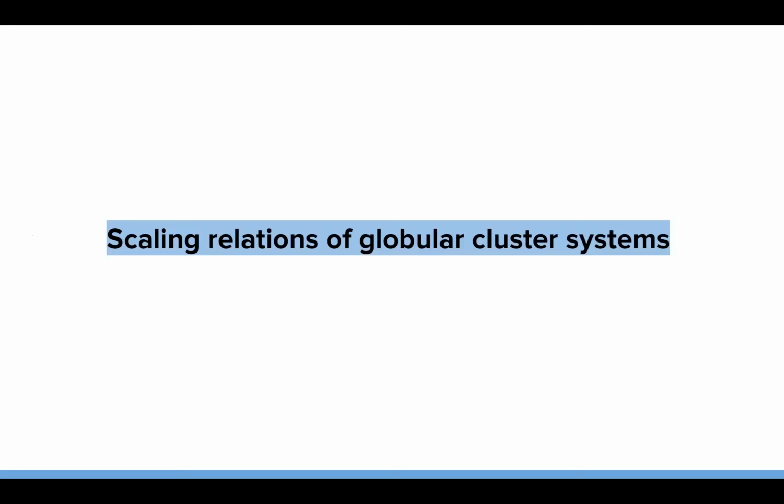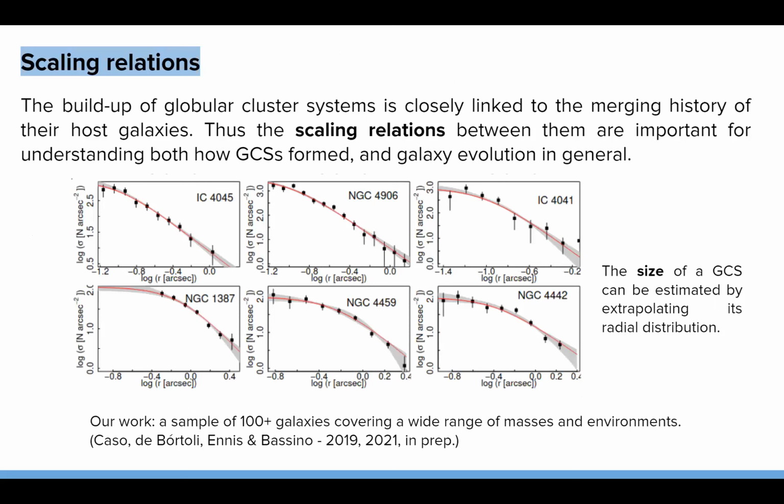Okay, so globular cluster systems, part 2. We also looked at, rather than individual galaxies, the globular cluster systems of larger samples of galaxies and tried to look at how the properties of the cluster systems are related to the properties of the galaxies. We expect to find a relation because the way that globular cluster systems are formed is usually very closely linked to the merging history of the galaxy that hosts them.